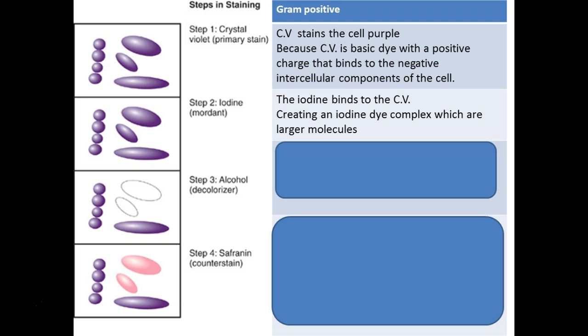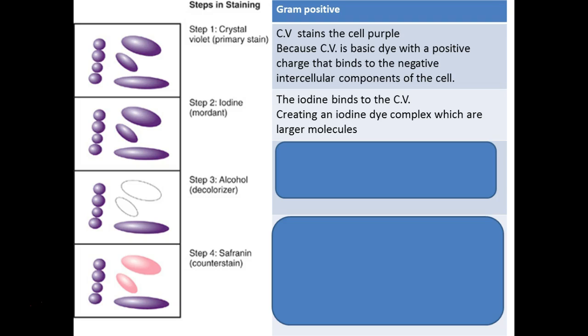Okay, decolorization. Now we're talking about gram-positive cells. What happens when we decolorize them? What color are they going to be? The purple ones we see here are gram-positives. Why do they stay purple? We're decolorizing with alcohol.